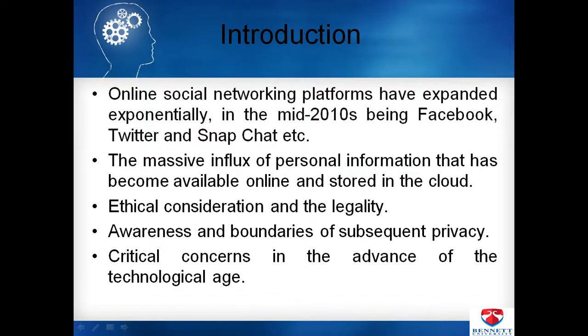In a quick introduction, online social networking platforms expanded exponentially in the mid 2010s, and various online networking sites are available like Facebook, Twitter, Snapchat, etc. Why is this a problem? Because a massive amount of personal information has become available online, stored on the cloud.